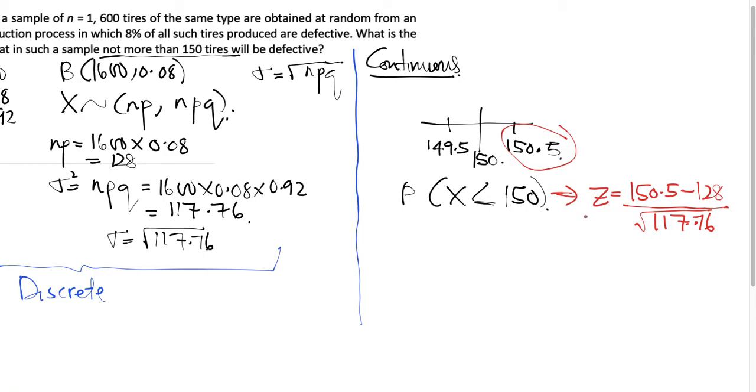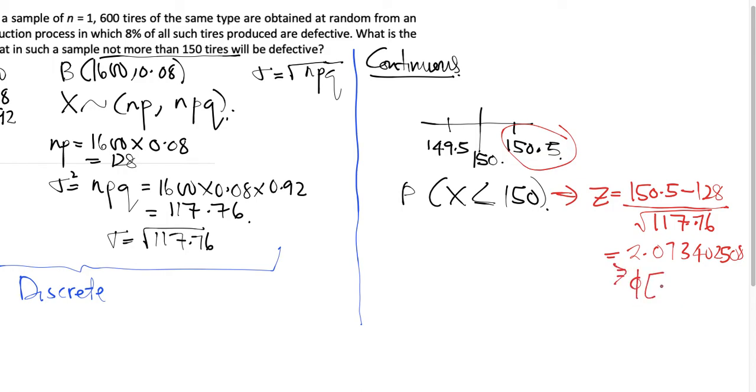So from here we get 22.5 divided by the square root of 117.76, which is about 2.0734. Don't have to write the whole thing.